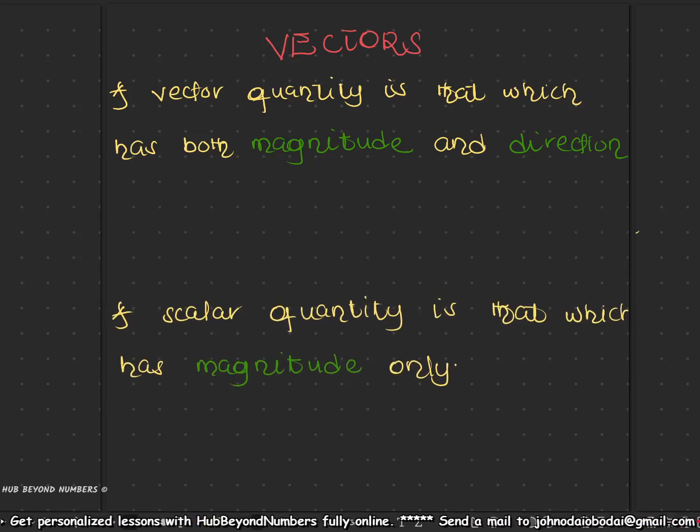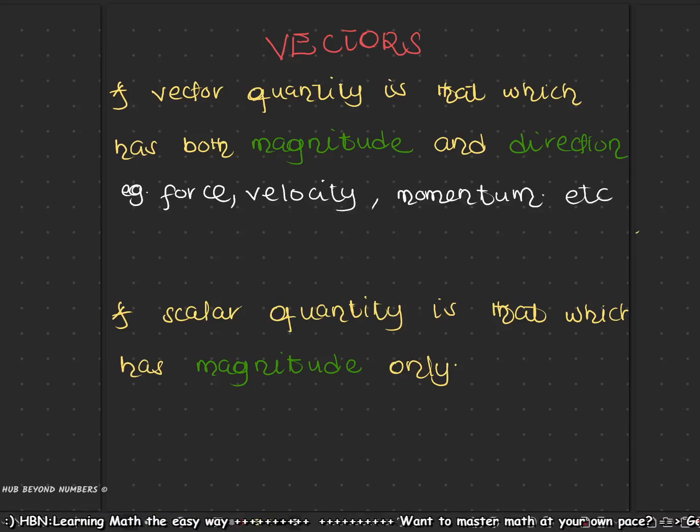When we talk of magnitude, the first typical example is force, the force being applied to a body. Why would we say force is a vector quantity? You can measure its magnitude. For instance, you're applying 5 Newtons to a body. Now, in what direction are you pushing or pulling?